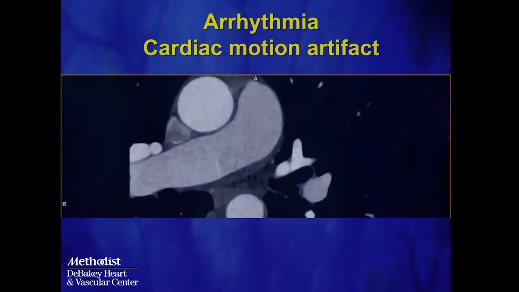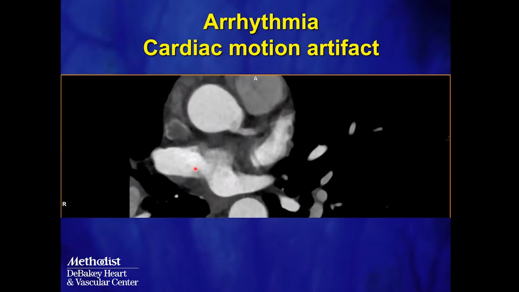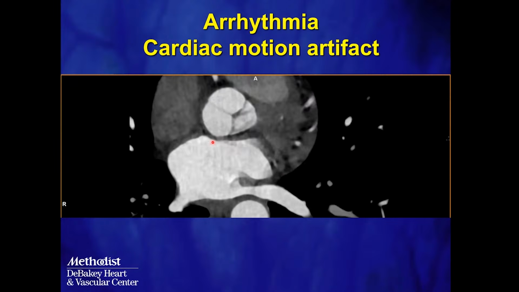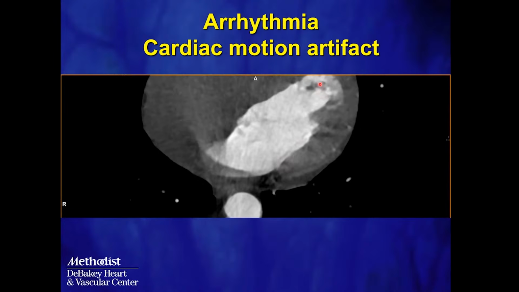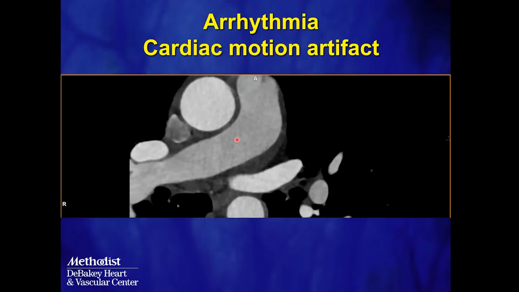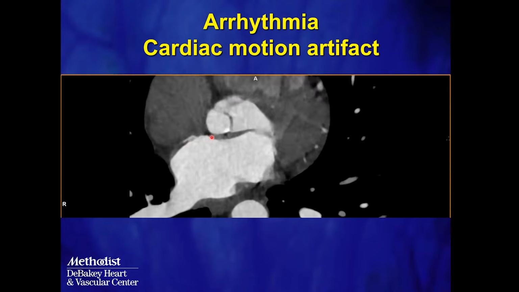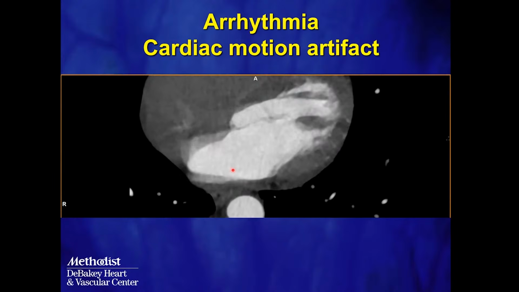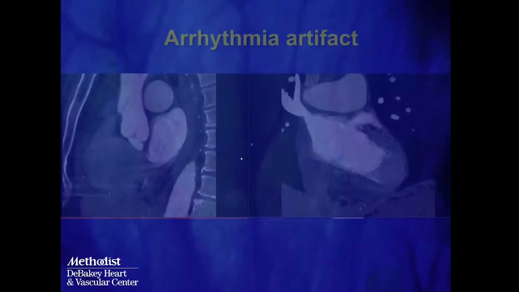Now, when we talk about cardiac motion artifact, which can be seen with arrhythmias, notice how you have this double shadow across the cardiac silhouette. Look at this LV, how it has almost a double border. You can also look at the interatrial septum, the pulmonary artery, everything. It almost looks like there are multiple shadows across this area, which is the cardiac field of view.